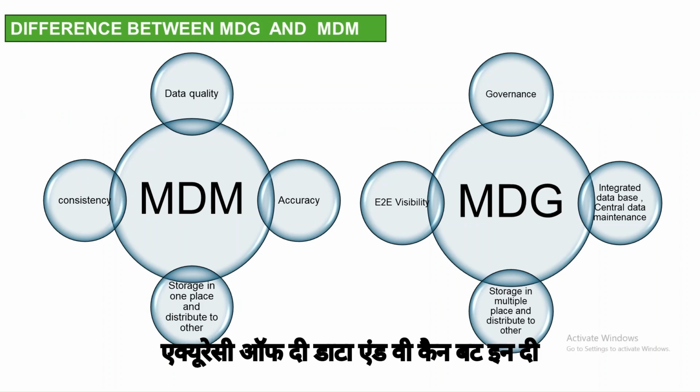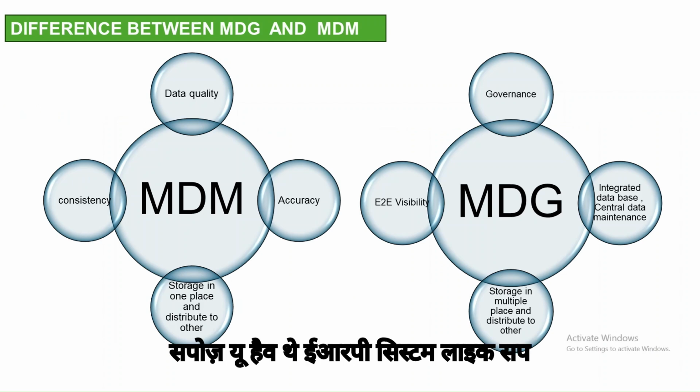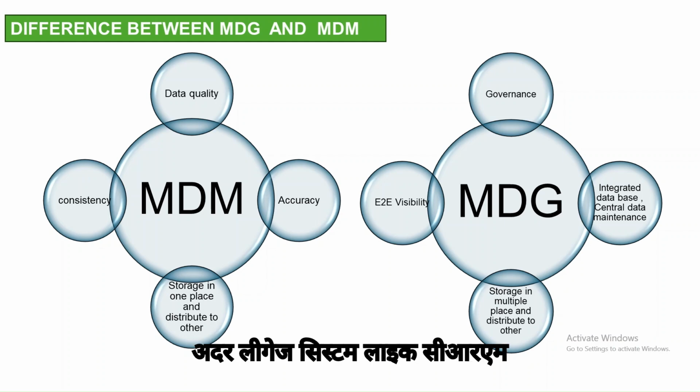But suppose you have an SAP ERP system and other legacy systems like CRM. In the case of MDM, you need to upload the data in the ERP, then send that same data to the other legacy systems.